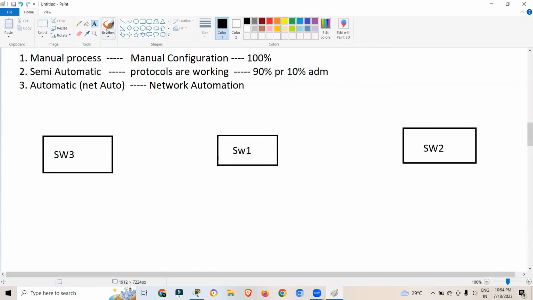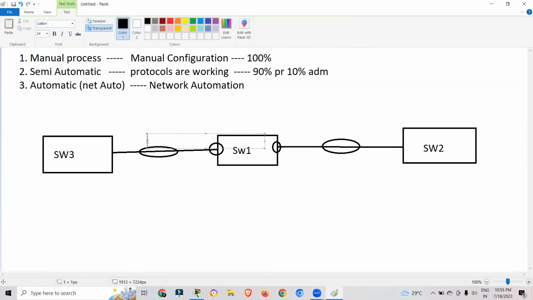Here the protocols will reduce my configuration first of all. How will this reduce my configuration? I will configure the trunk on these ports only, and this link will automatically become the trunk link.